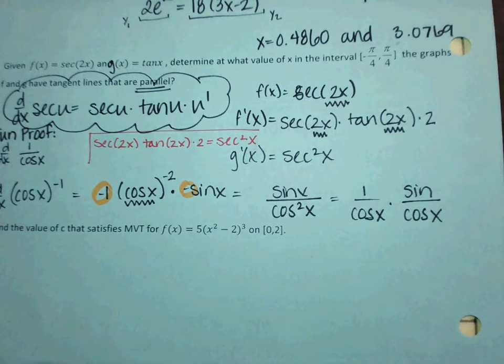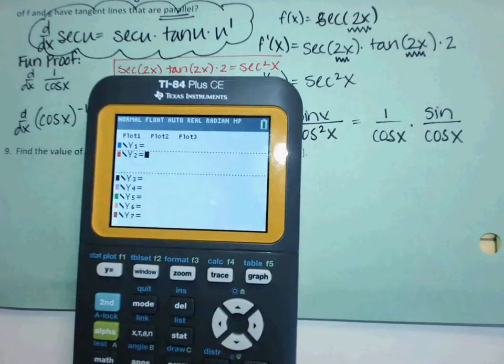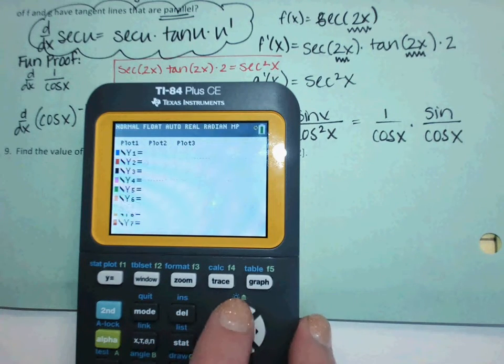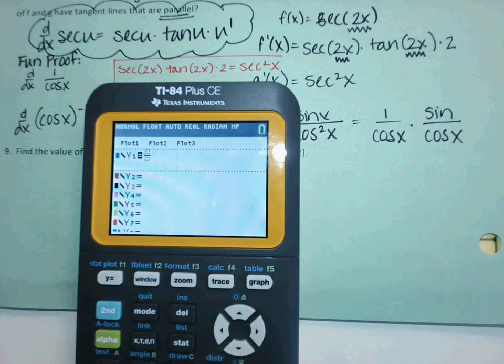How would you put that in the calculator? What would you have to do for the secant? Divide. Yes, you'd have to open a fraction. So you'd put alpha y equals n over d, pull up your fraction bar, and then when I want secant 2x, I have to put 1 over cosine 2x.